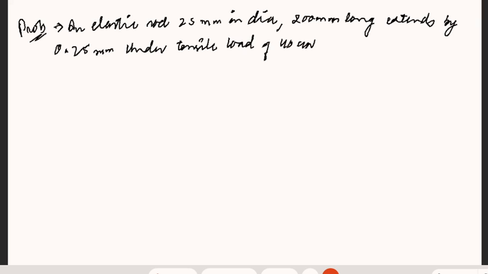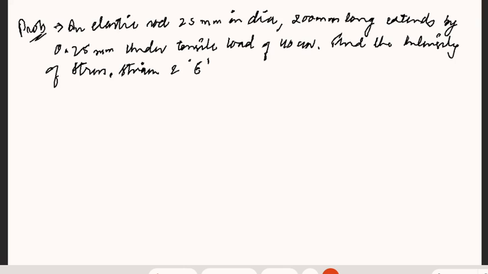We have to find out the intensity of stress, we have to find out strain, and E, that is modulus of elasticity for the material of the rod. Okay, now we know that it is a circular rod because diameter is given.